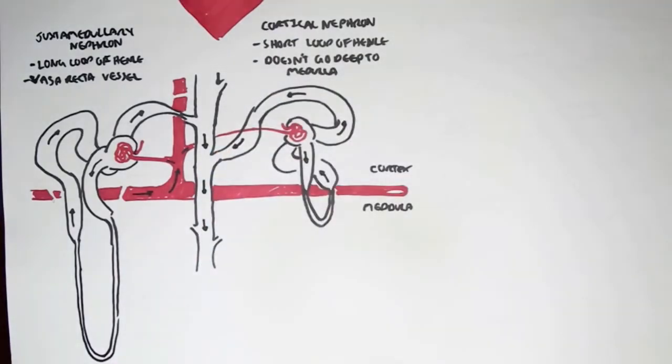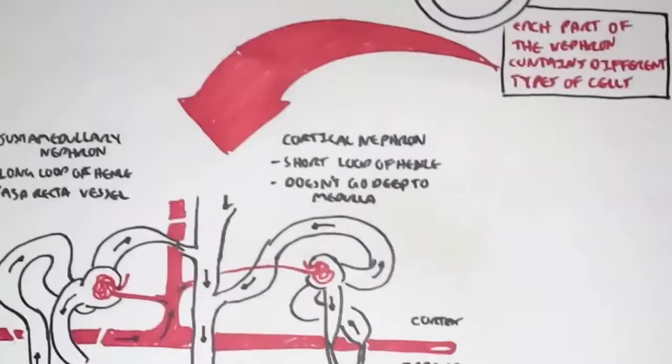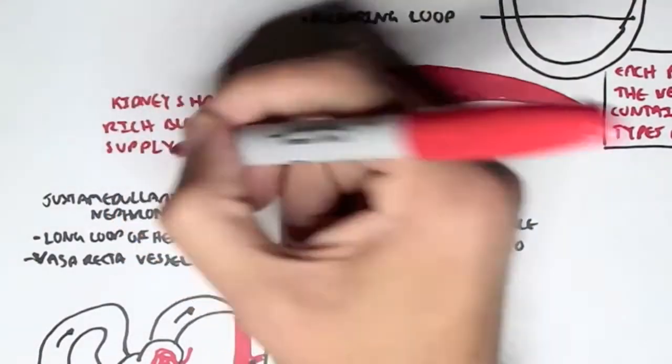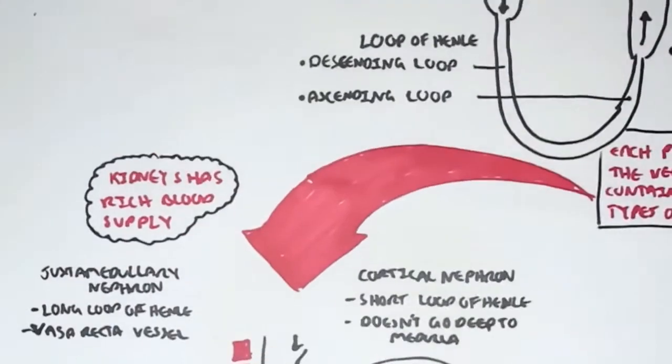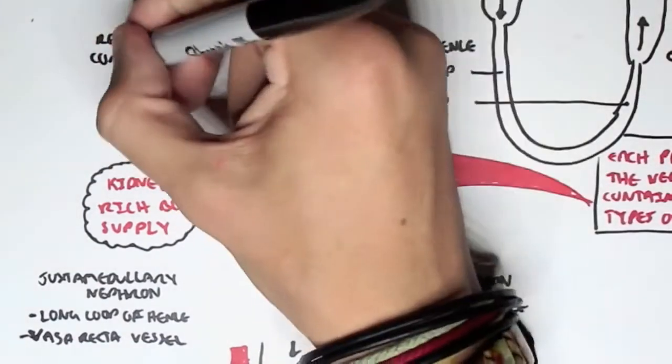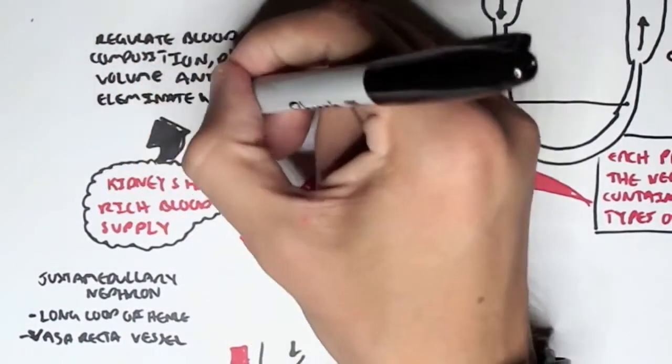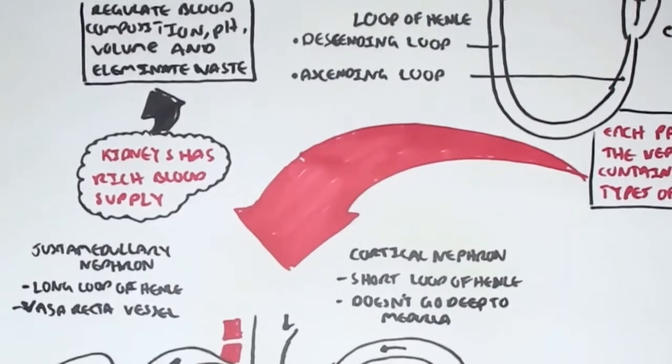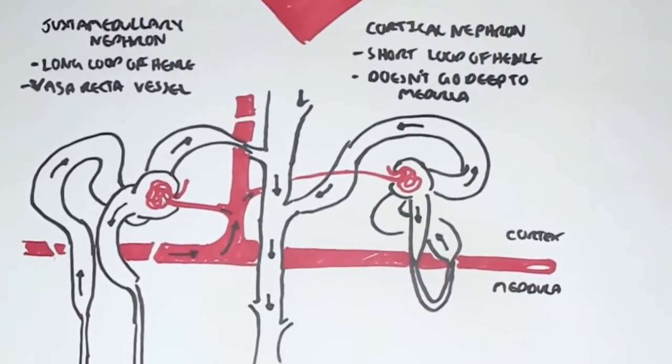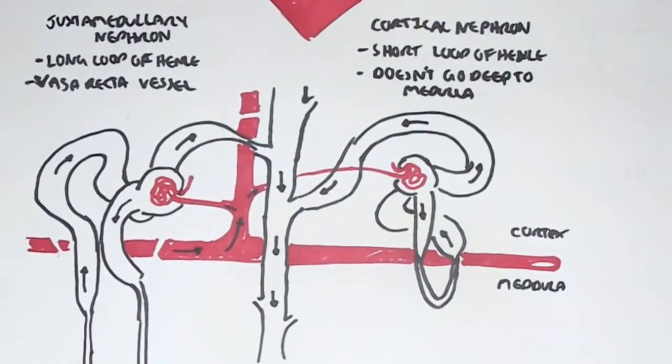Okay, now, I mentioned this earlier, but kidneys have a very rich blood supply, and this is important in order to regulate the blood composition, pH, volume, and to eliminate waste, as well as for reabsorption and secretion all along the nephron.